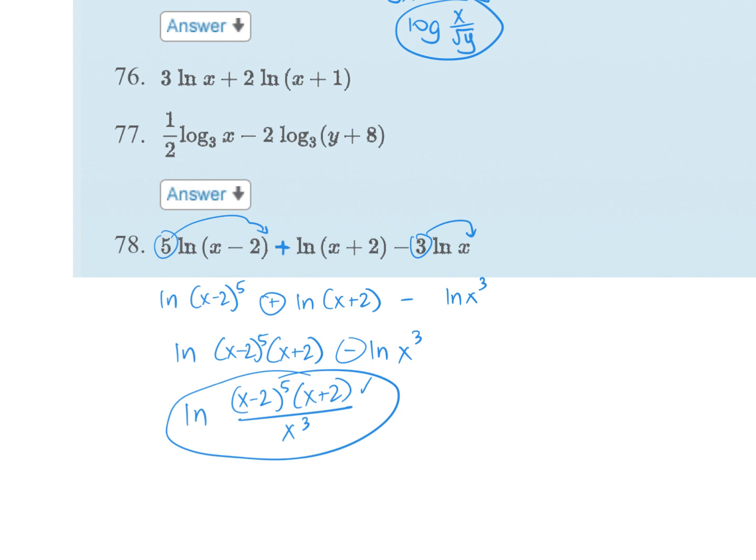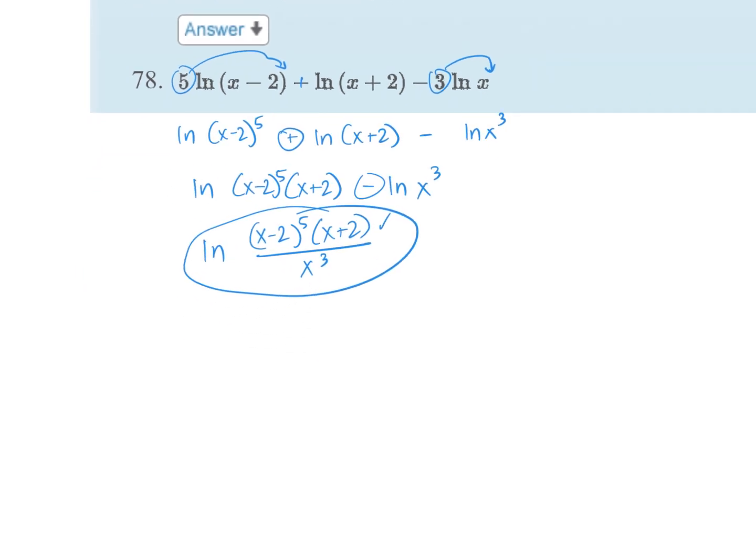Now, if the problem had remained the subtraction, it would have been a little bit more difficult. I mean, it's not that it's not solvable, but it would have been a little bit more challenging. So I'll kind of draw that one out. If it was the subtraction, right, it would have been minus ln of x plus 2 minus ln of x cubed.